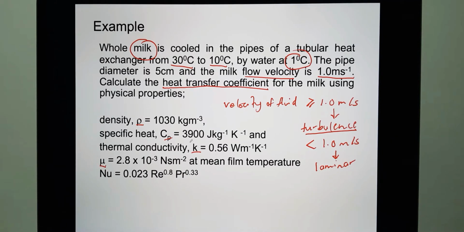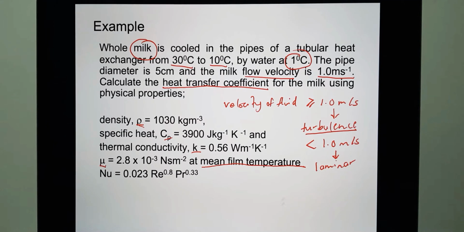There is a specific table that is meant for a certain type of fluid. And can you see here that all these values, the rho, Cp, K and mu, are being measured at mean film temperature, which is the mean film temperature for the milk.